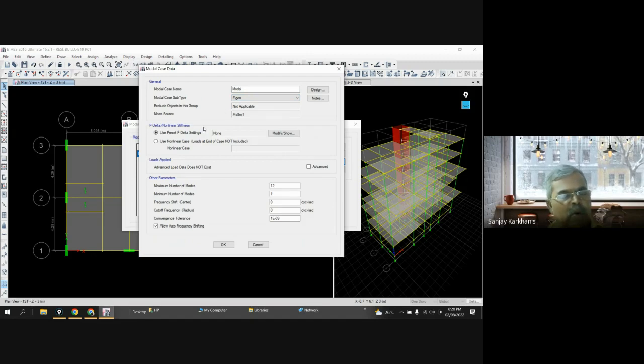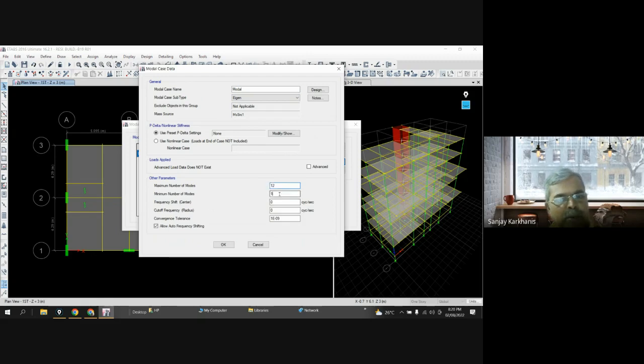But if you want to check, you can check it with this. Now you can see over here, the maximum number of modes is 12. By default, if you do not give any instruction to ETABS, it will give you the modal analysis or mode shapes up to 12 numbers. Clear?